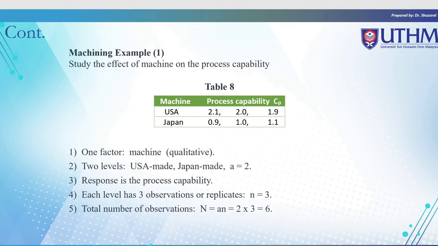For the first observation, y11 minus y bar 1 dot, the observation is 2.1 minus the mean of 2, so we get 0.1 as the error of the first observation. We proceed with the second observation and so on until all observations are calculated.